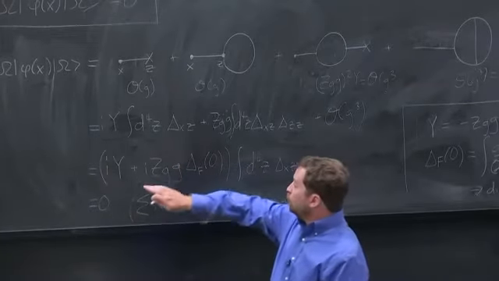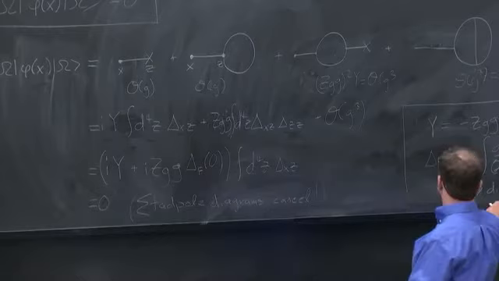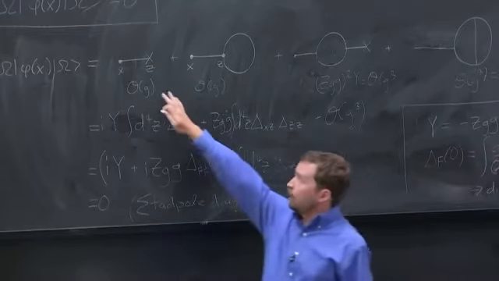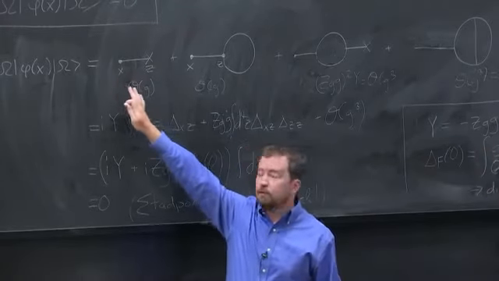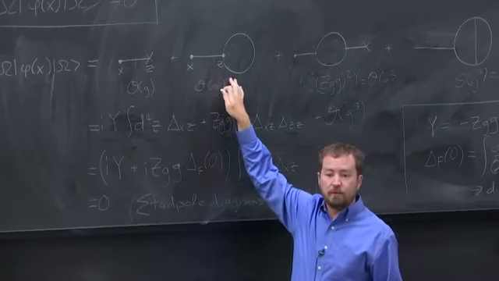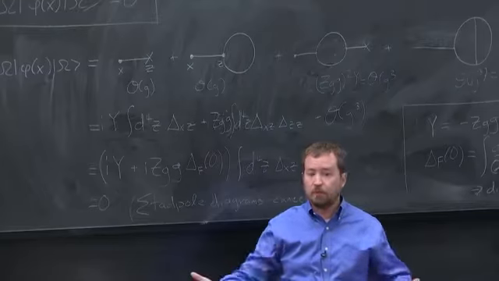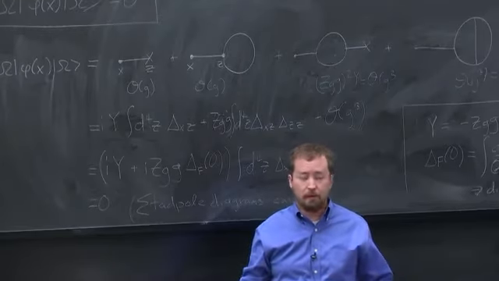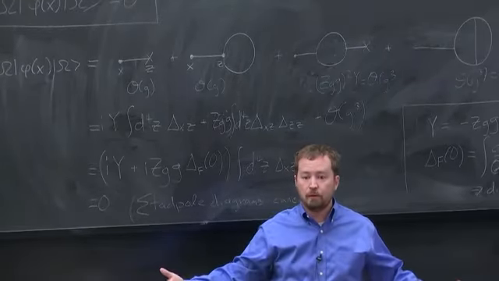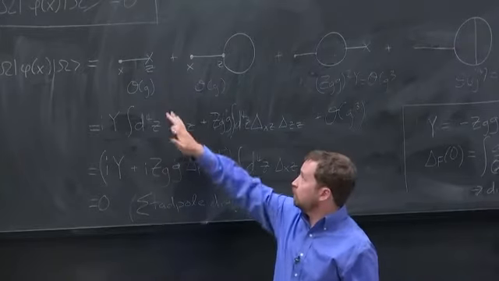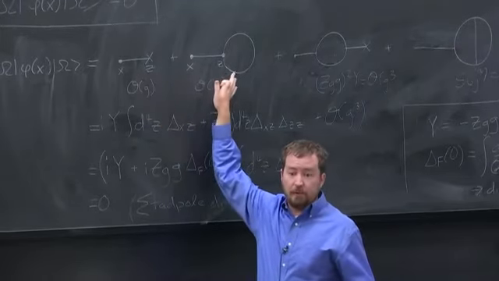Well, the fact that this diverges is saying that this diagram and this diagram diverge. But what we're measuring when we're measuring some scattering process is never an individual Feynman diagram. It's always a sum. Anytime this diagram shows up, this diagram is also showing up.